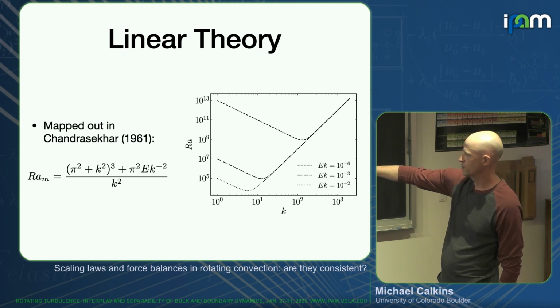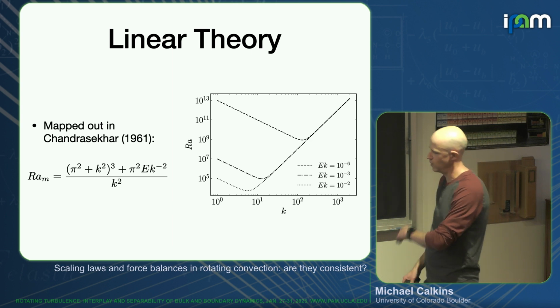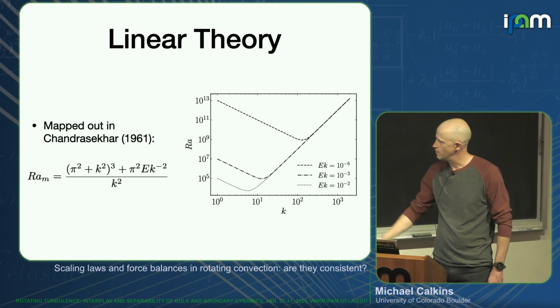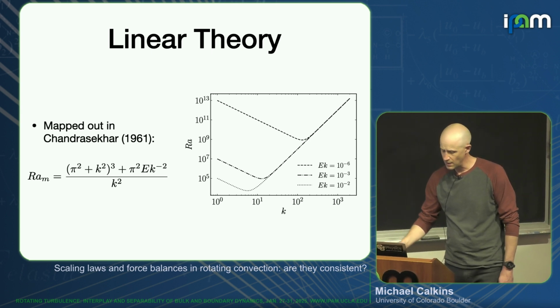On the plot, I'm showing Rayleigh versus wave number for a couple different Ekman numbers. A rather large Ekman number down here, and you can see the peak is below 10. As the Ekman number is reduced from 10 to the minus 2 to 10 to the minus 6, you can see this well-known shift of the minimum up to higher wave number.